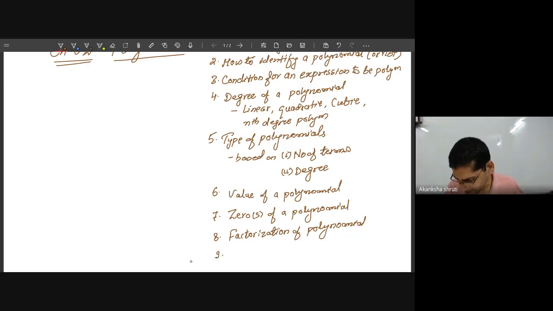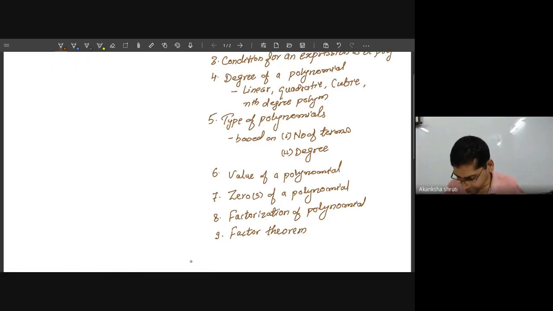Those things we will learn. So that is basically determined by applying the factorization theorem or factor theorem. And there is another theorem which is a special case of this factor theorem called remainder theorem.